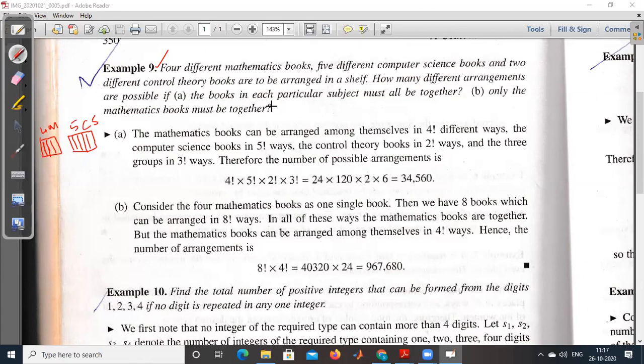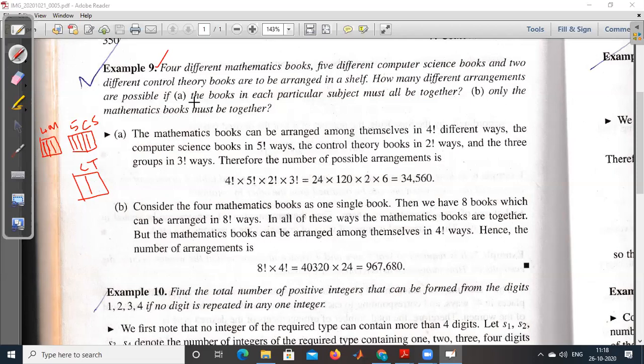Okay, students. Next, 2 different control theory books. These are 2 different control theory books, to be arranged in a shelf. How many different arrangements are possible?